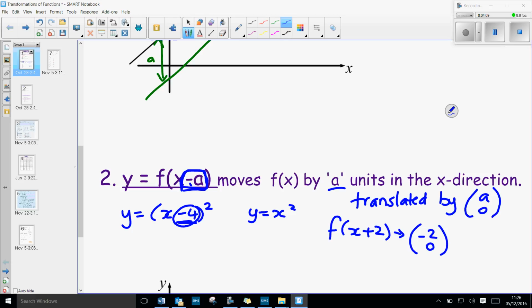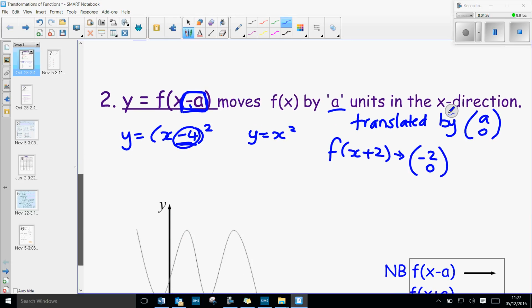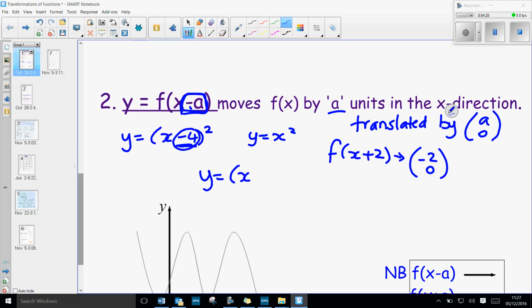Is that just for beautiful graphs? No, it's for any kind of graph, and that's what's important. That's why I've got these different pictures here, because if a function has been changed in a similar way, for example, if we had y equals (x plus 4) cubed, we know it's a cubic graph, but it's not the normal basic cubic.